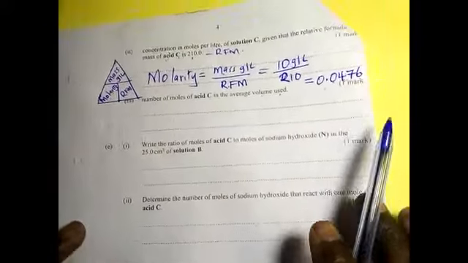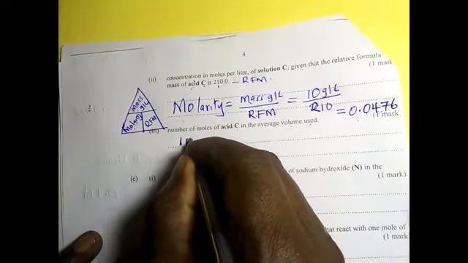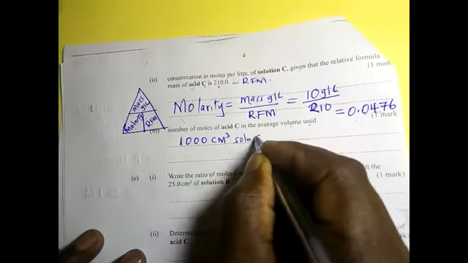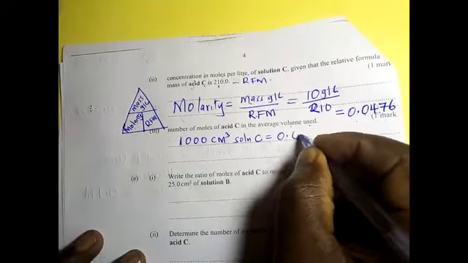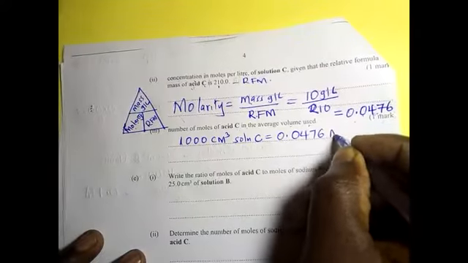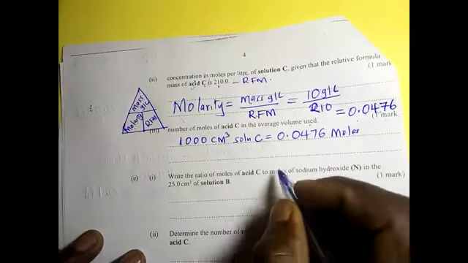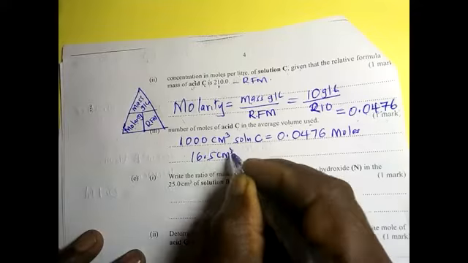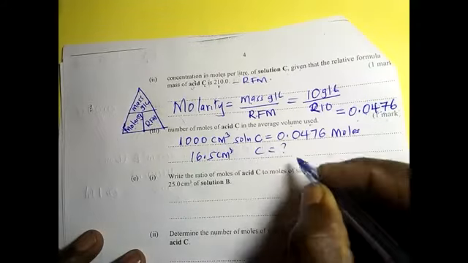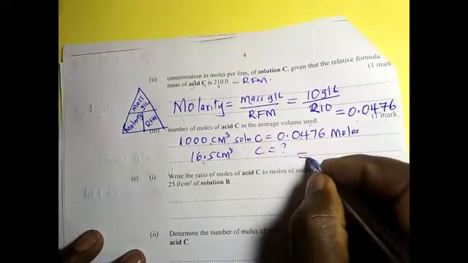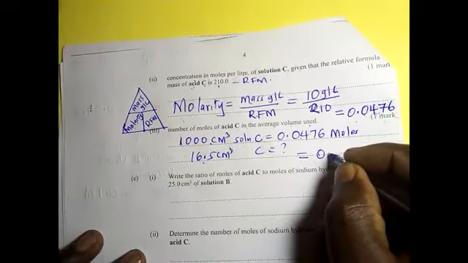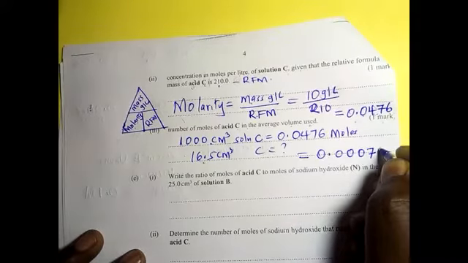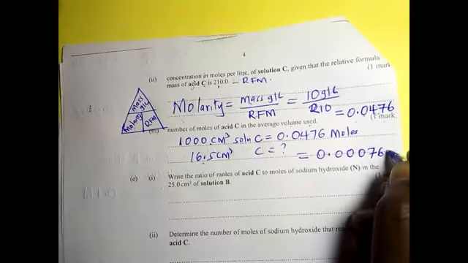So we say that 1,000 centimeters cube of solution C contains 0.0476 moles. What will 16.5 centimeters cube of solution C contain? So this times this divided by this, that will give you 0.000785.